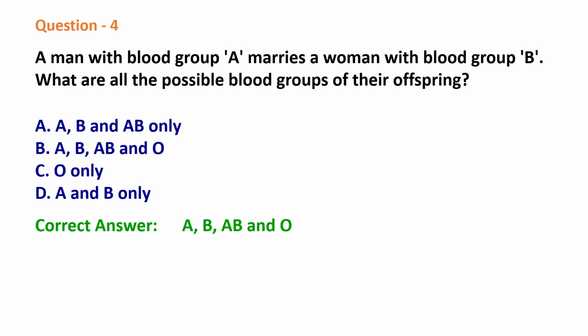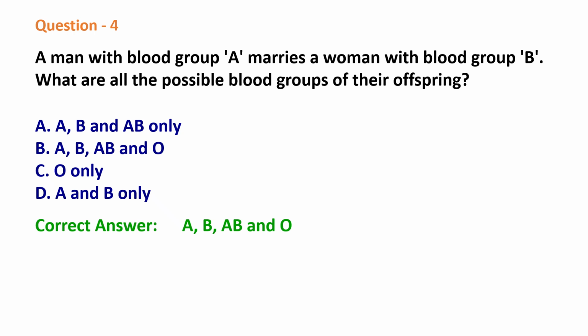Here the blood group of the man is A. That means his allelic combination may be capital I A capital I A, or capital I A small i. Similarly, the blood group of the woman is B, so her allelic combination can be capital I B capital I B, or capital I B small i.